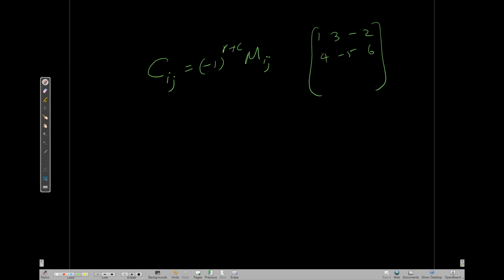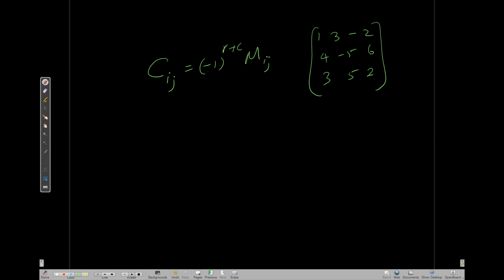Now, let's have a clear understanding about this. Cij is negative 1 raised to r plus c, Mij. Now, let's take our early example. In our early example, the matrix was 1, 3, negative 2, 4, negative 5, 6, and 3, 5, 2.